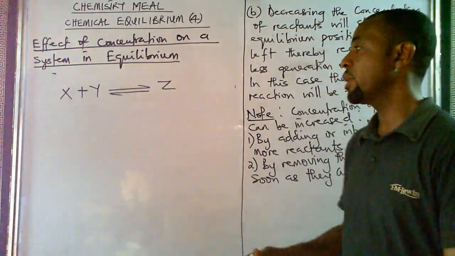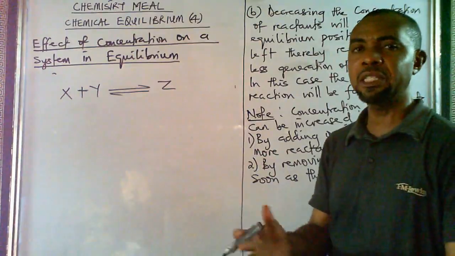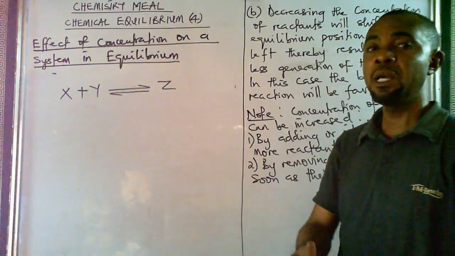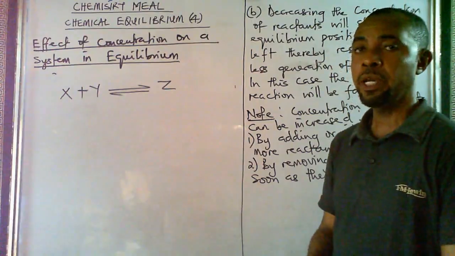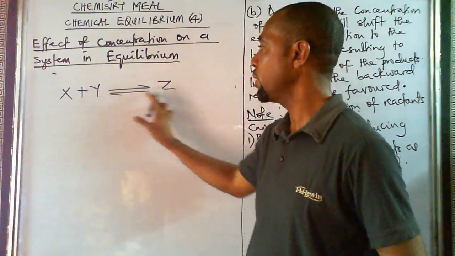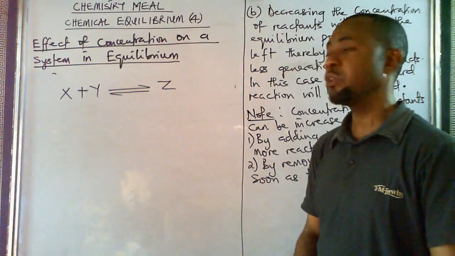We saw that under the characteristics of reactions in equilibrium. And we mentioned other things like catalyst will not have effect on it. It must be in a closed system. And there are other things that we mentioned in the process. Okay? So if we look at this reaction now, X reacting with Y to give us Z.